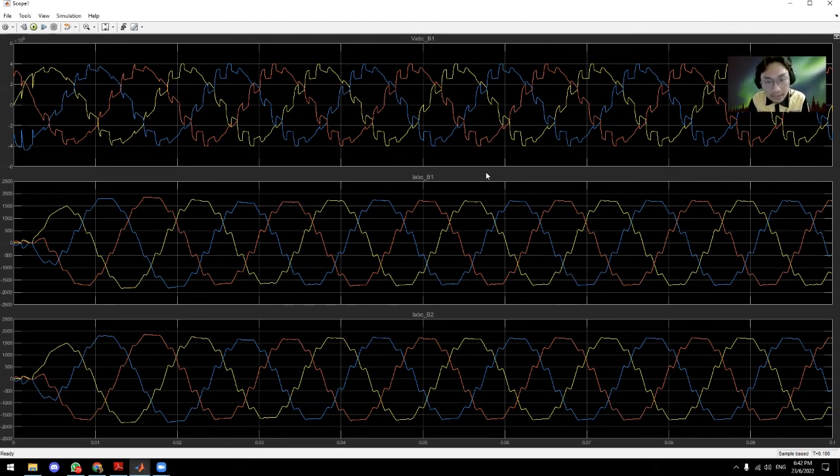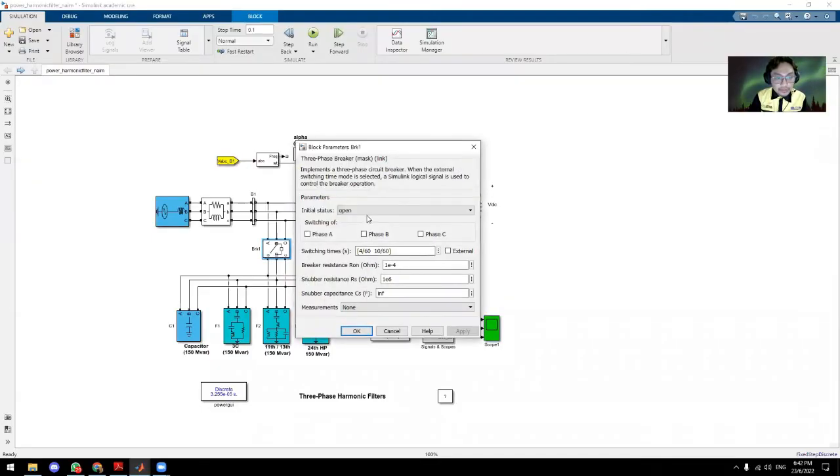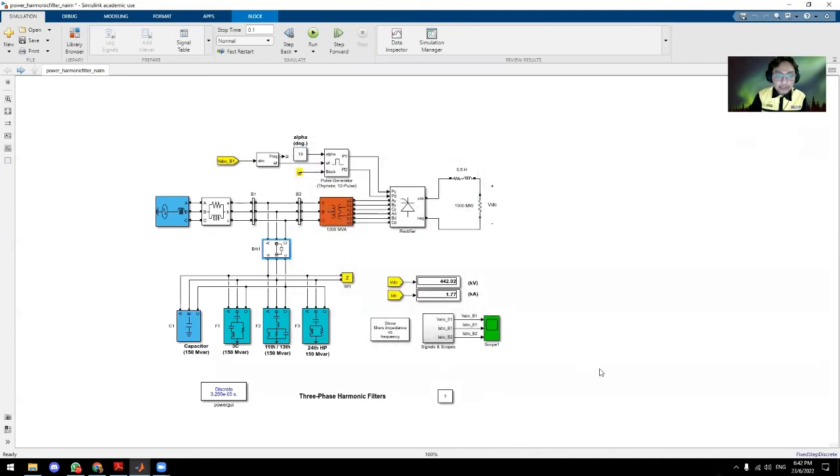So how can we overcome this? By filtering using the new circuit. First of all, we close the circuit breaker, apply, okay, and we run the simulation.